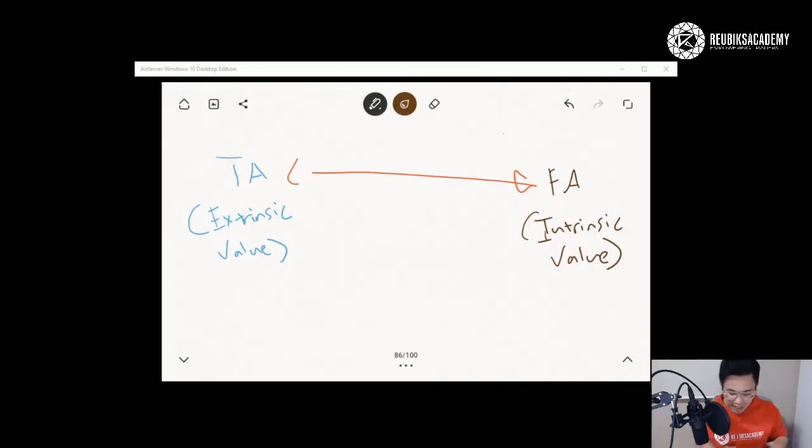But because of the existence of TA, because of this thing called extrinsic value, which is what the market thinks the price of the stock should be, there exists this gap between TA and FA.